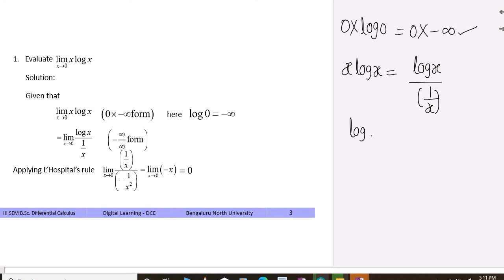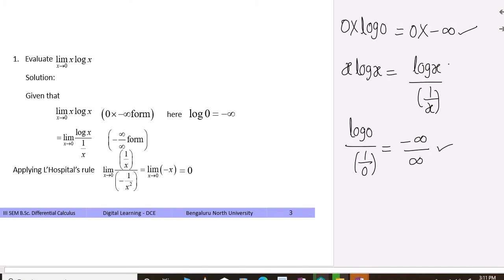Then log 0 divided by 1 by 0. Log 0 is minus infinity. 1 by 0 is infinity. This is also an indeterminate form. That's why I am going to apply L'Hopital's rule to evaluate the given limit.